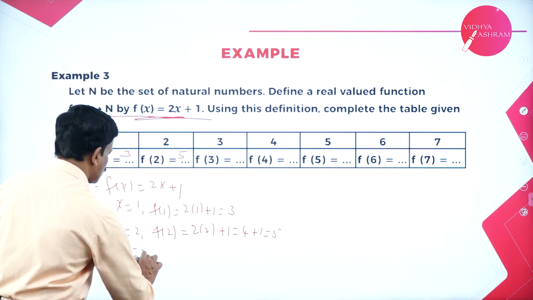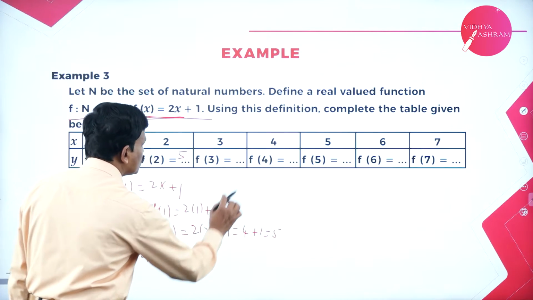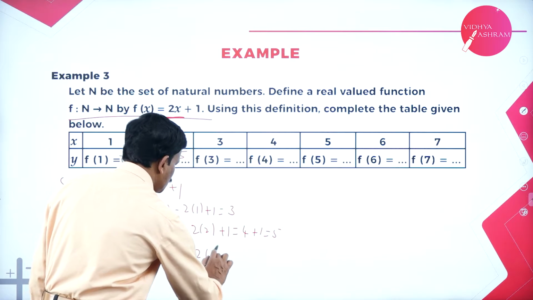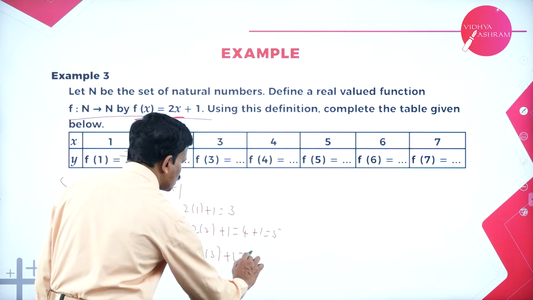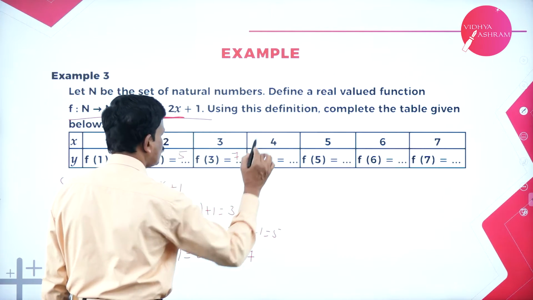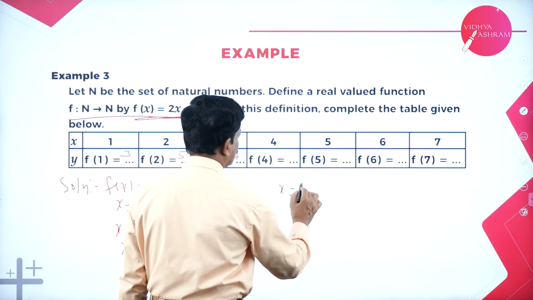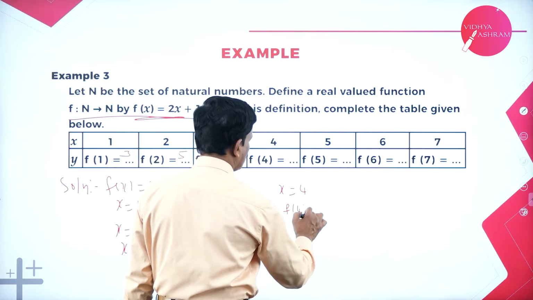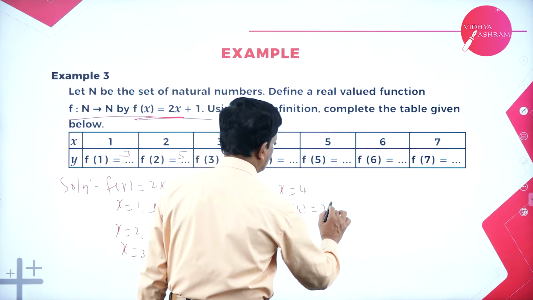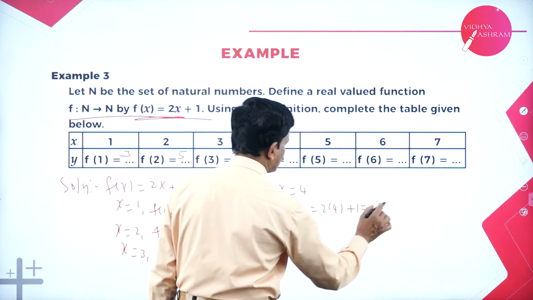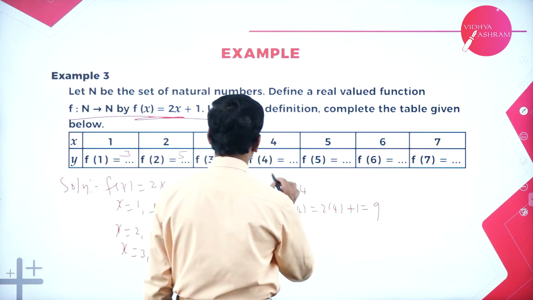Similarly, put x is equal to 3: f of 3 is equal to 2 into 3 plus 1, 2 threes are 6 plus 1 is 7. Similarly, if you put x is equal to 4, f of 4 can be written as 2 into 4 plus 1, that is 8 plus 1 is 9.